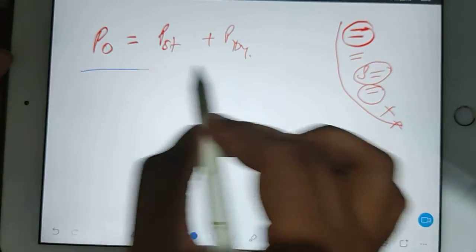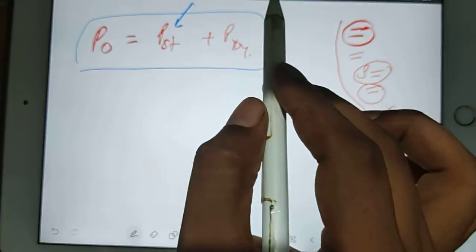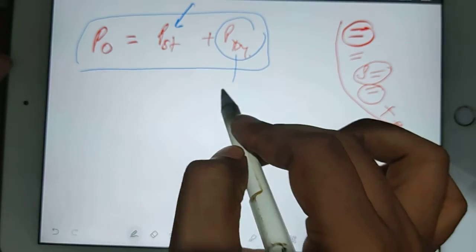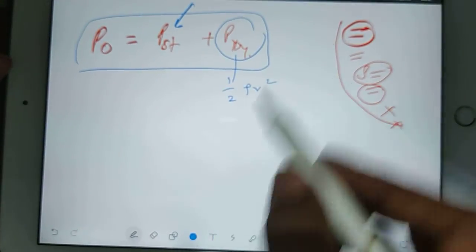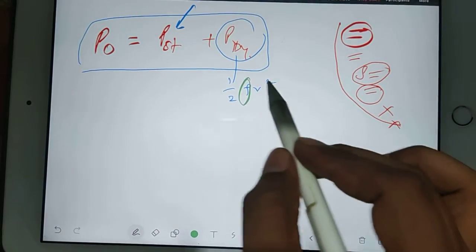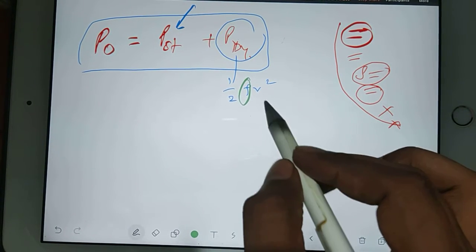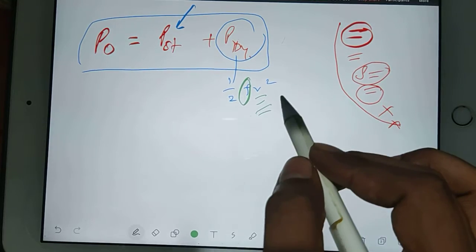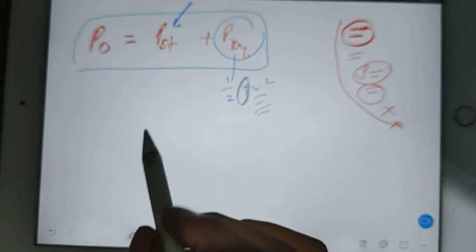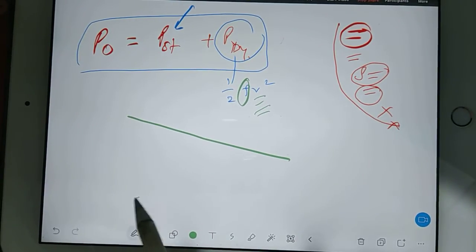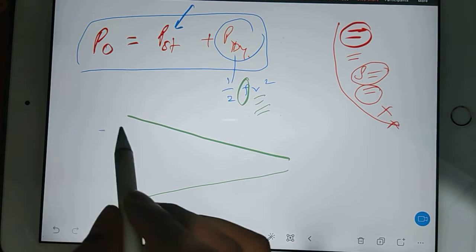In this part, the static pressure formula I have given you. The dynamic pressure formula is half rho V square. Rho is density, which is constant throughout the flow, and V is the velocity, which may vary. So you can see, suppose there is this kind of nozzle and you have flow going.